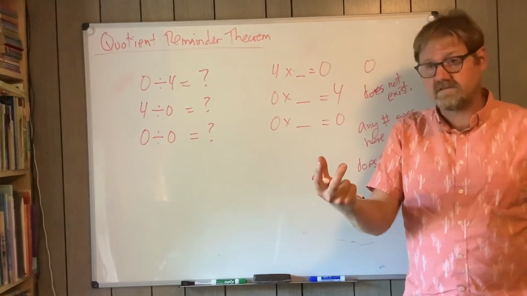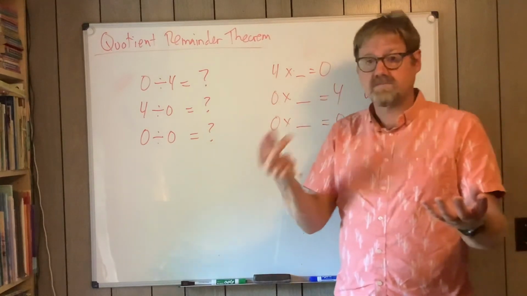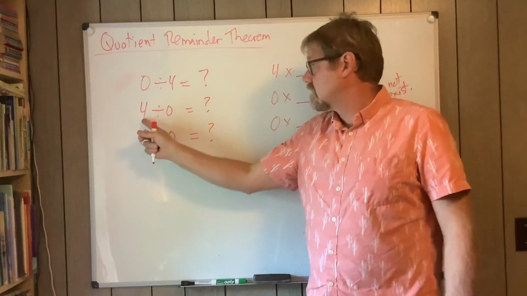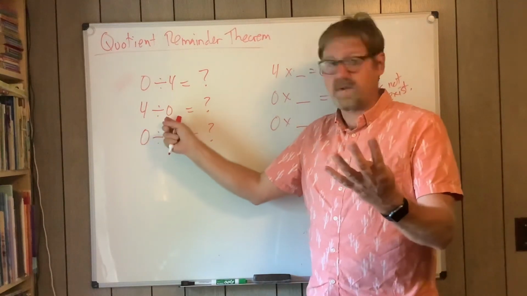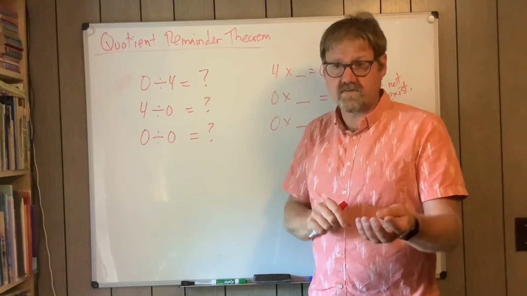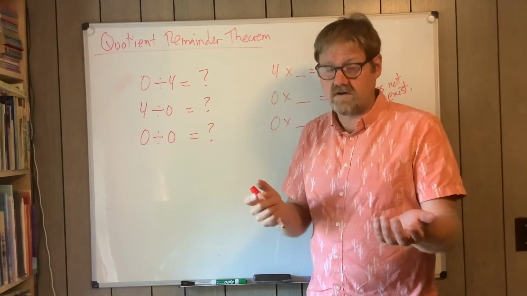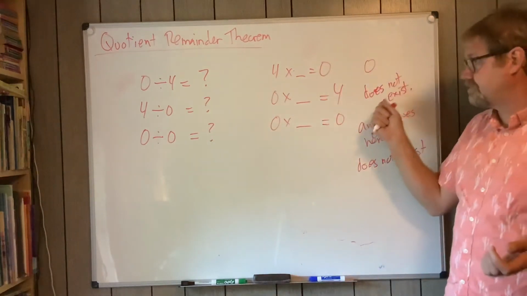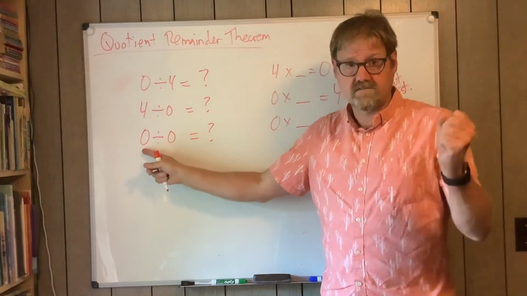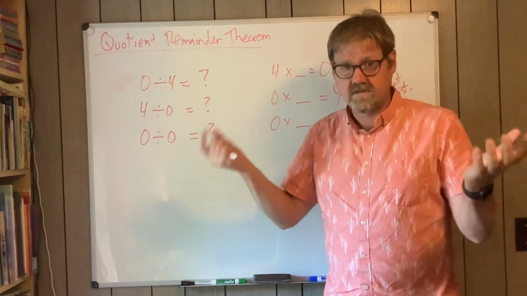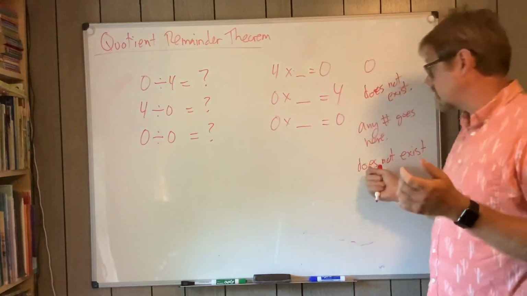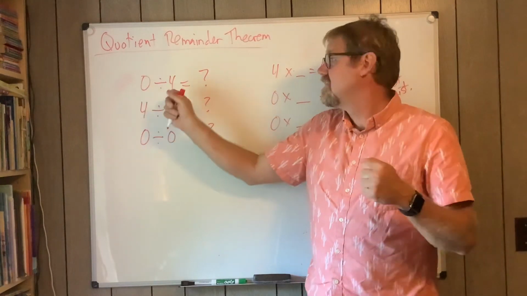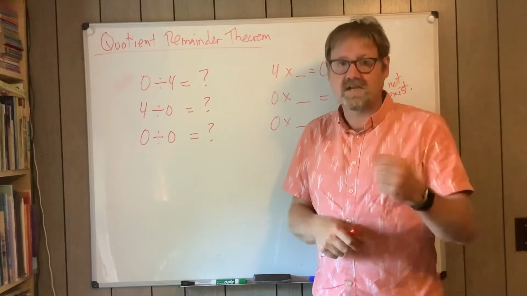I have 0 pizzas, I have 4 people, and everybody gets 0. In this case, I have 4 pizzas and 0 people. How much pizza does everybody get? I don't know. There are no people. It doesn't make any sense. Again, 0 pizzas, 0 people, the question just doesn't make any sense. The first one makes sense: no pizza, 4 people, everybody gets 0 pizza.